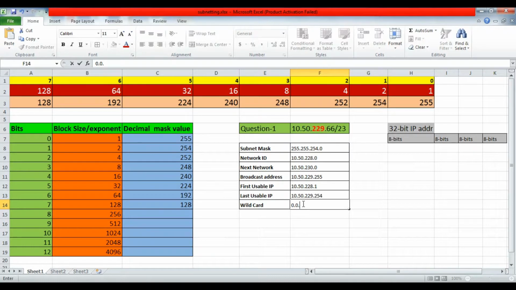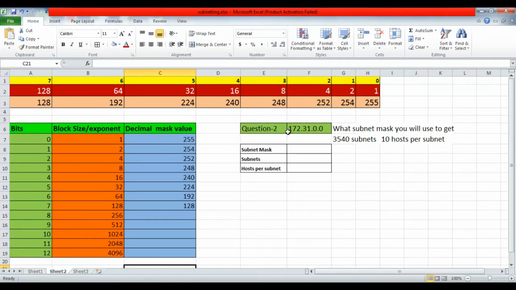In the third octet, 255 minus 254 will become 1, and in the last octet 255 minus 0 becomes 255. So this is how you calculate the required values.